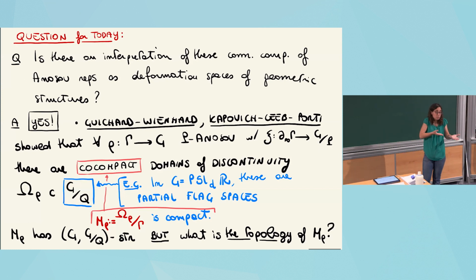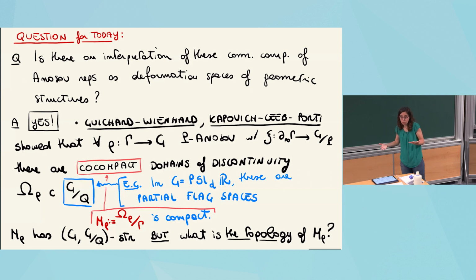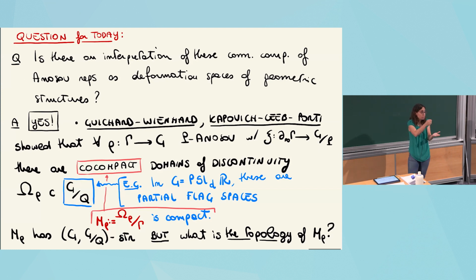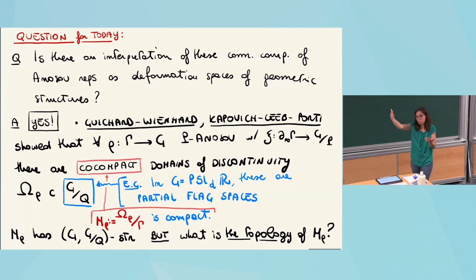I think it's hard in general to see when these domains of discontinuity are non-empty, but when they are non-empty, then you can take the quotient, and this domain of discontinuity or their quotient comes with a natural (G,X) structure, where G is your group and X is the partial flag space where the domain of discontinuity lives.